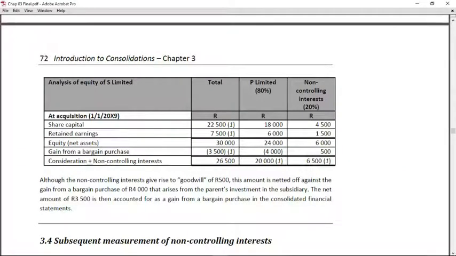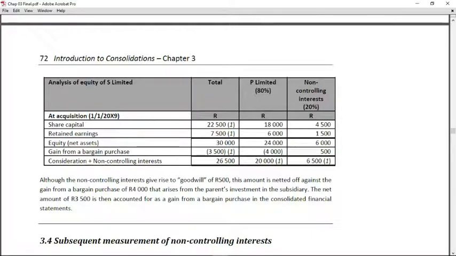I would also like to explain that concept of only having one goodwill or one gain from bargain purchase in the group by using the at acquisition section of an analysis of equity. The one I'm looking at now comes from your Introduction to Consolidations textbook, and it's on page 72.